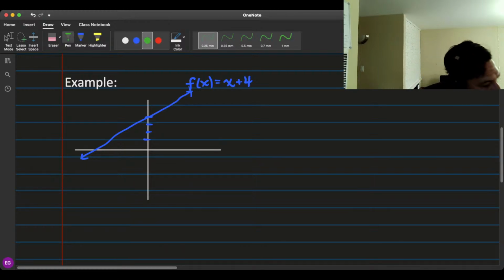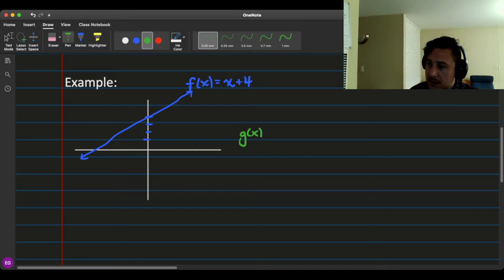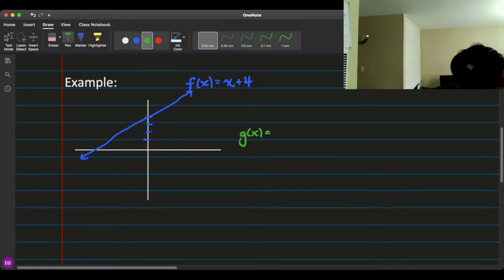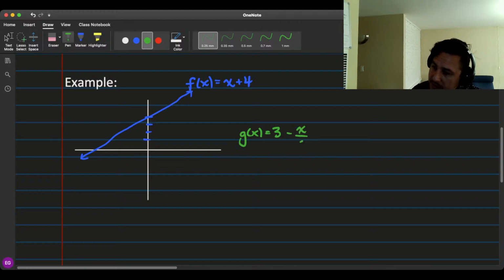The other one is going to be g of x, and it's going to be 3 minus x over 2. So it's going to hit right here, and the slope is not going to be -1, but -1/2. So it's going to look a little more shallow.